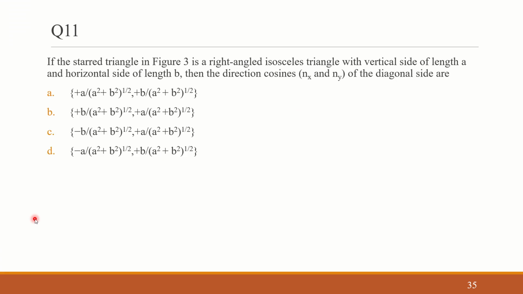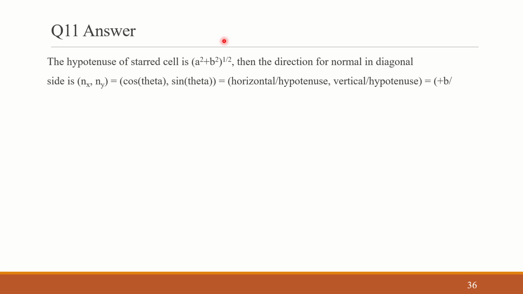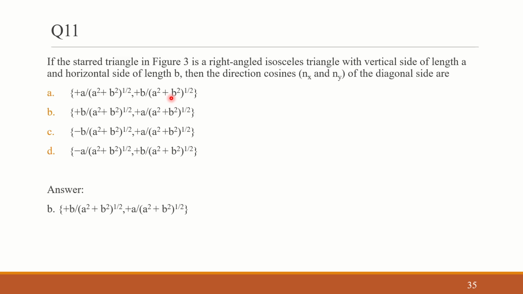We'll see how. Hypotenuse. The hypotenuse of the starred cell is square root of a square plus b square, because one horizontal side is length b and the vertical side is length a.